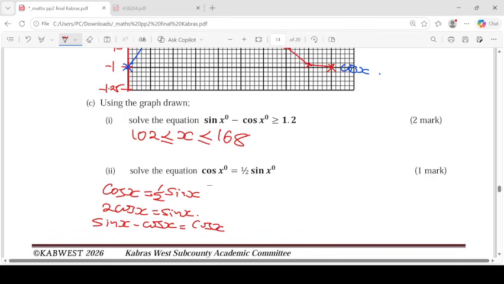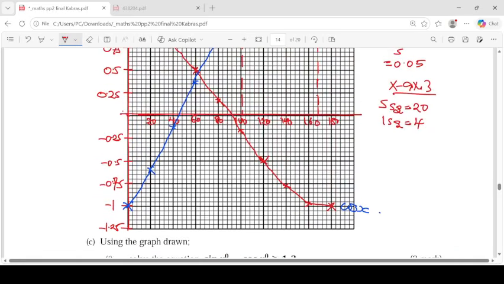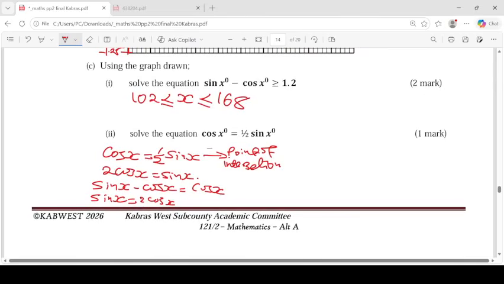When this goes to the other side, it means sin x is equal to 2 cos x. So this is the point of intersection. We need to get the point of intersection of the two curves. I'll see where the two are intersecting. This is 63. So x is equal to 63 degrees.